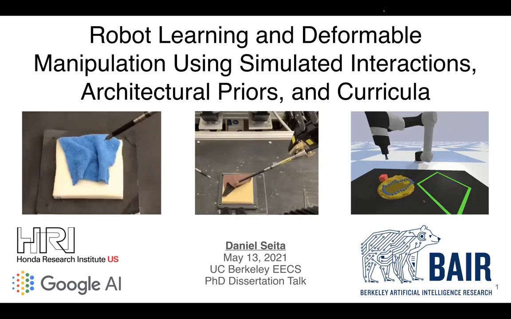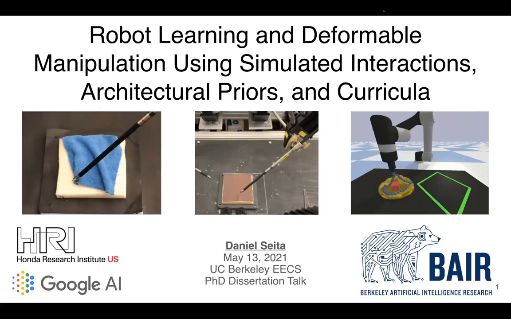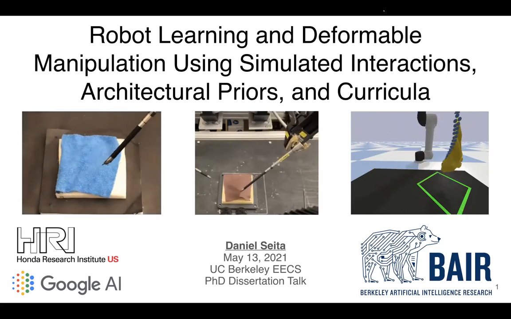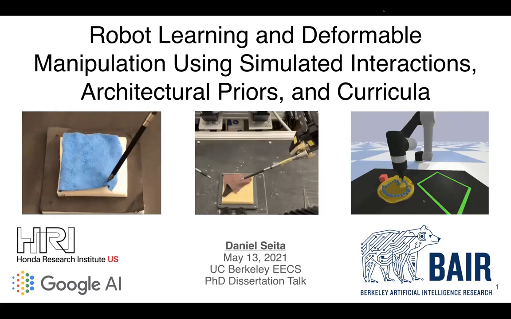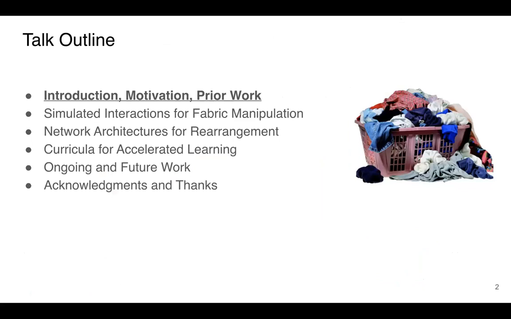So today we'll be talking about robot learning and deformable manipulation using simulated interaction, architectural priors, and curricula. So here's how the talk will be structured. We'll have some introduction, motivation, prior work.